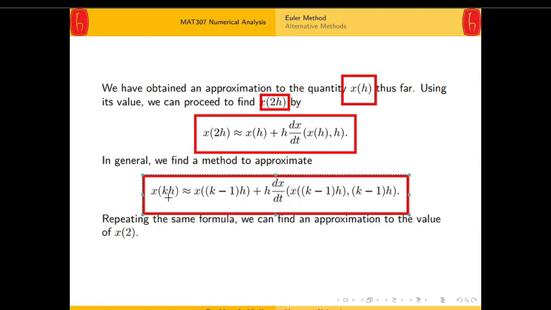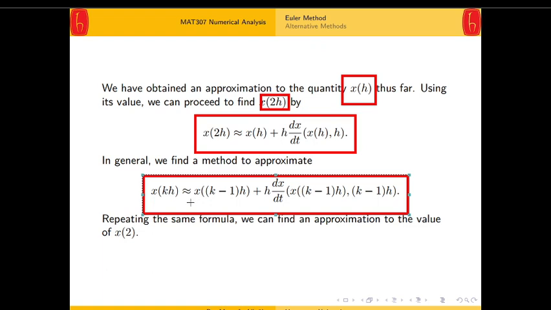So x of kh will be equal to x of (k minus 1)h, so this will be the previous solution, plus h times the right hand side function evaluated at the time t equal to (k minus 1)h, and the x values will be used from the previous solutions.